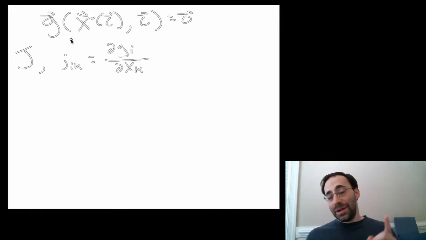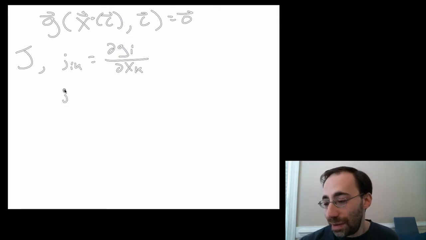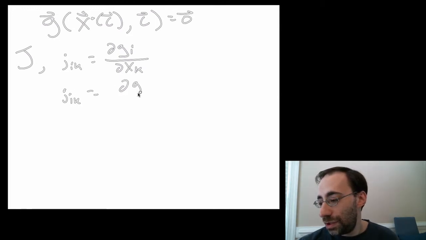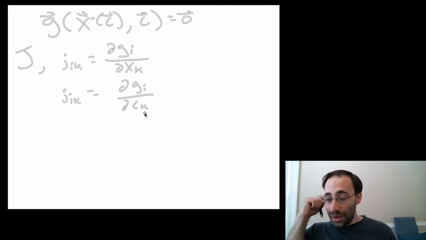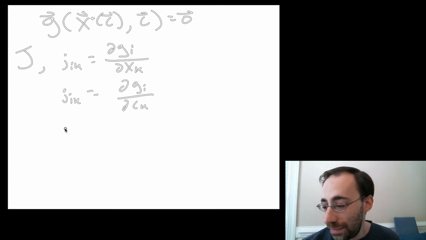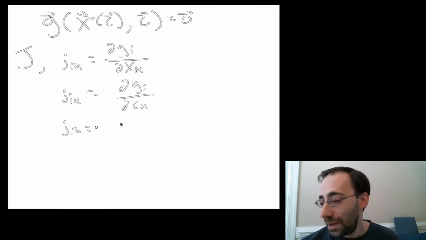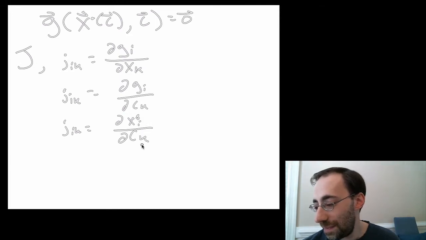So this is a Jacobian, which will give you the derivative of the vector-valued function. But note here, there's only one possible Jacobian you could have. You could also have this Jacobian, the partial of G_i with respect to C_k, because C is also a vector. Or you could also have this Jacobian, because x is also a vector. You could have the Jacobian corresponding to the partial of the ith component of x star with respect to c_k.